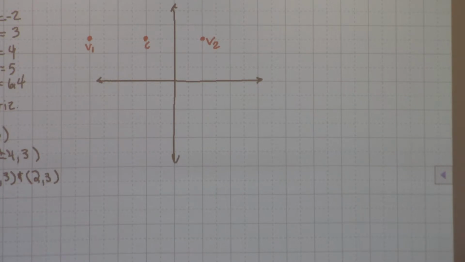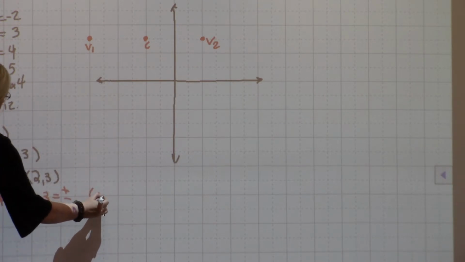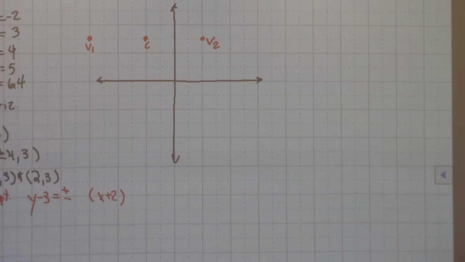All right. So let's find the asymptotes. Let's actually find the equation for the asymptotes. So it is going to be y minus k equals plus or minus something times (x plus 2). Would you agree? This is the something we need. So this is where you always screw up. You're like, oh my gosh, is it A over B or B over A?